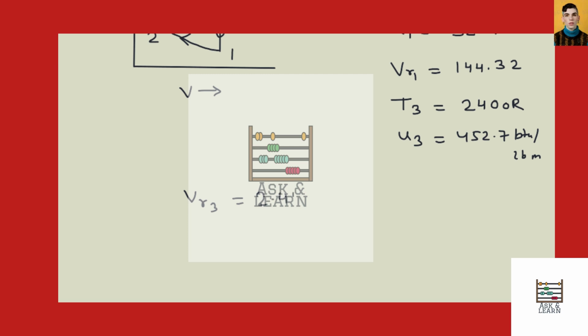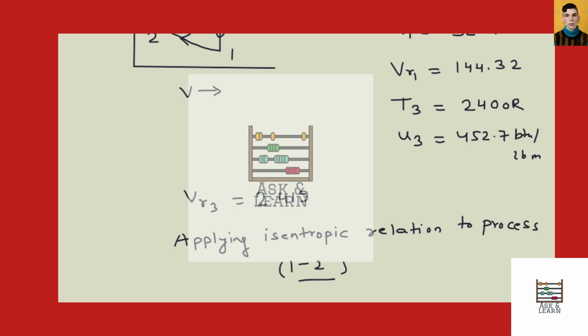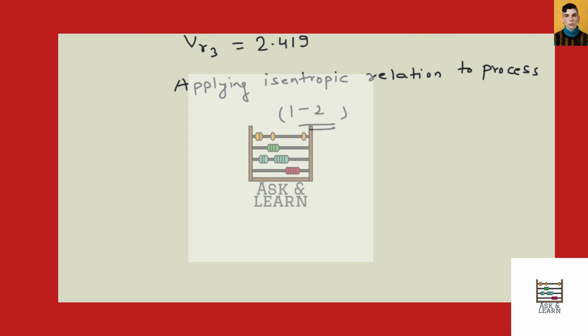Now VR3 is equal to 2.419. Applying the isentropic relation to process 1 to 2, we can get VR2 by VR1 is equal to V2 by V1, or VR2 is equal to VR1 into V2 by V1.